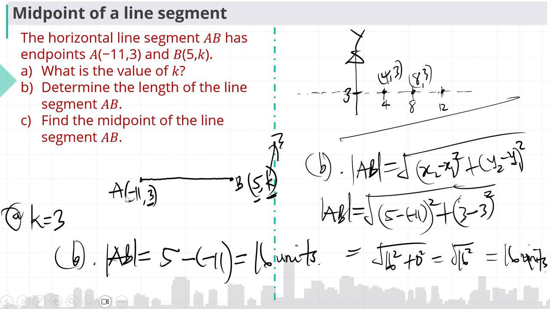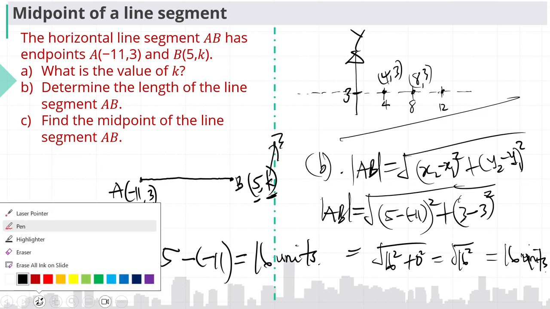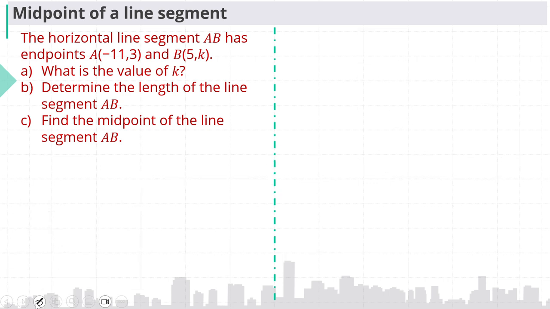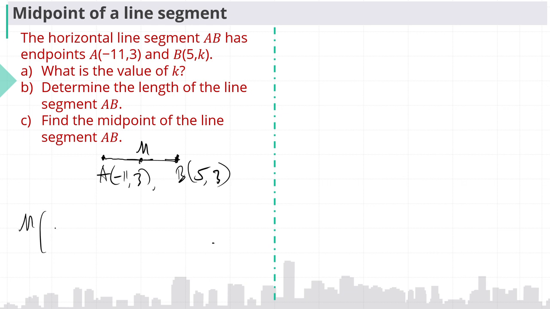Now the third question is to find the midpoint of the line segment AB. Midpoint of line segment AB. Coordinate of A, minus 11, 3. Coordinate of B, 5, 3. So these are the endpoints of the line segment. So to find the midpoint, what do we do?